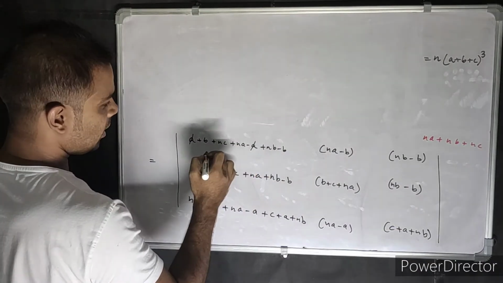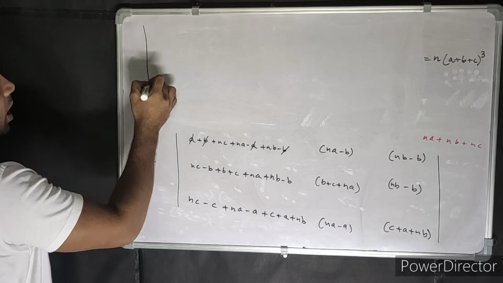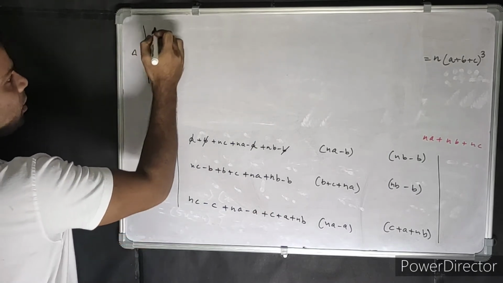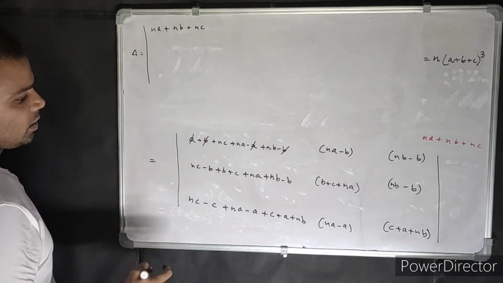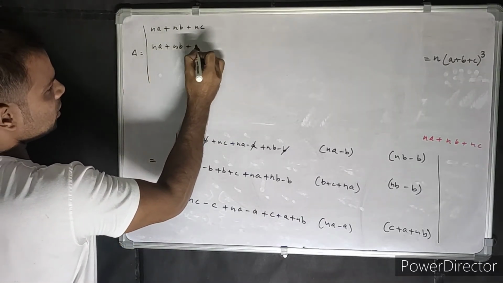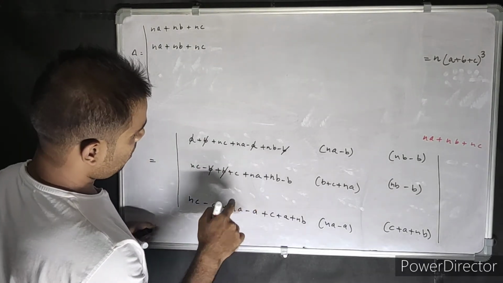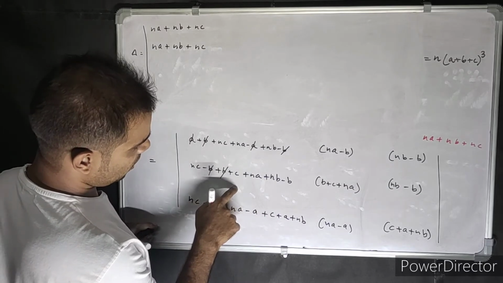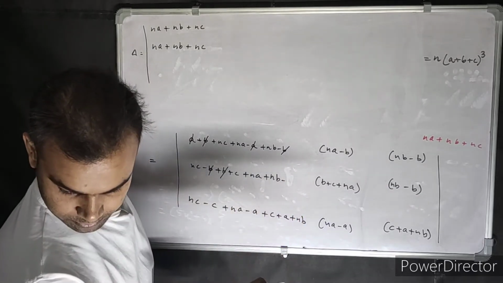A minus a and b minus b went away. So now we are left with na plus nb plus nc. Next again, same thing. Na plus nb plus nc. Look, b and b went away. And I copied wrong here because this will be a c. Yeah, that will be a c.